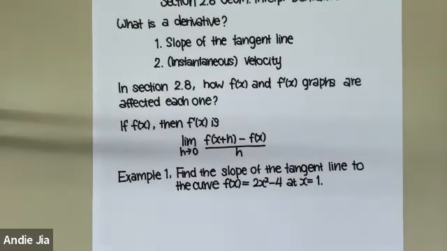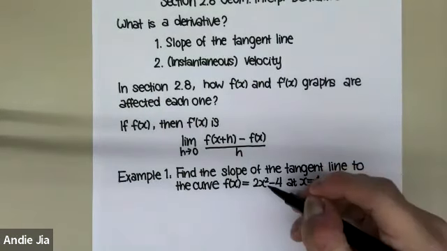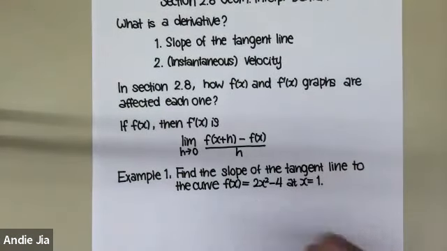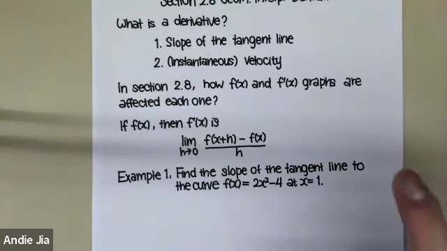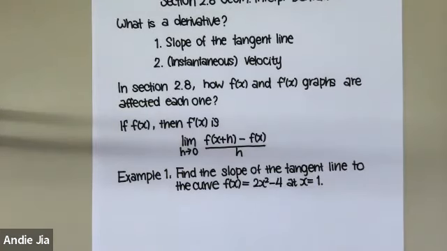If you ever see the phrase slope of a tangent line, this means the derivative of a function at a point.